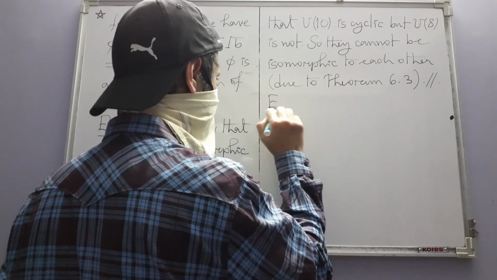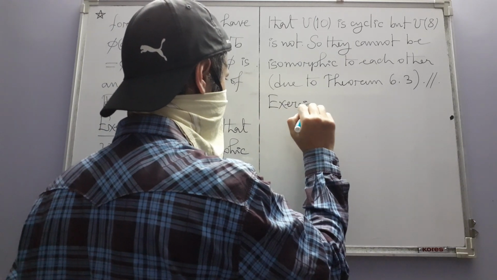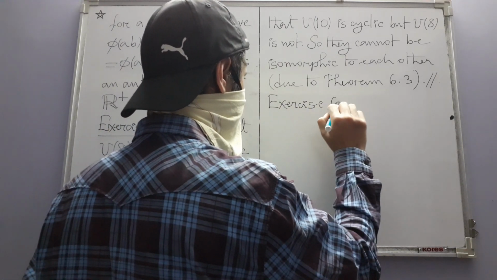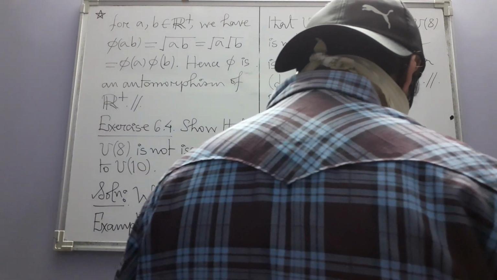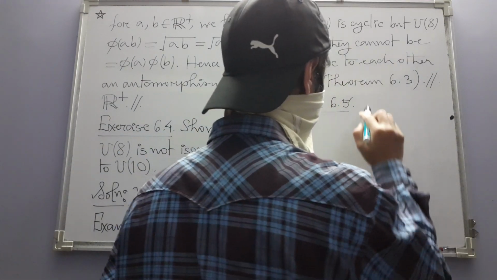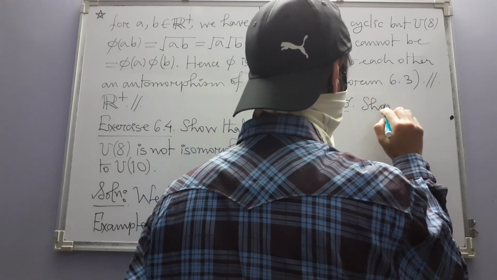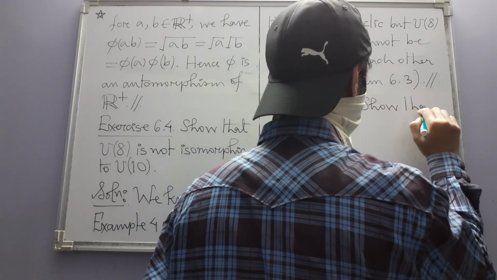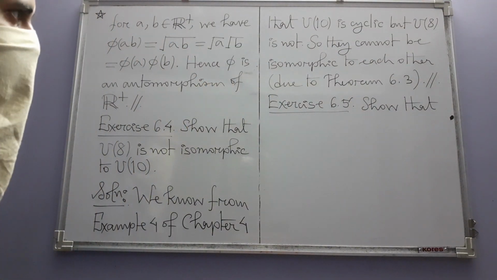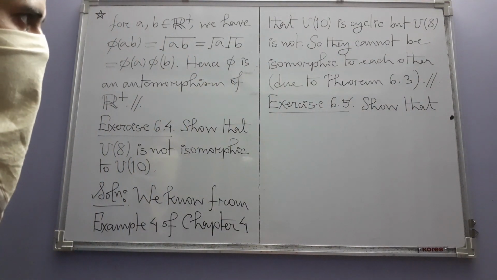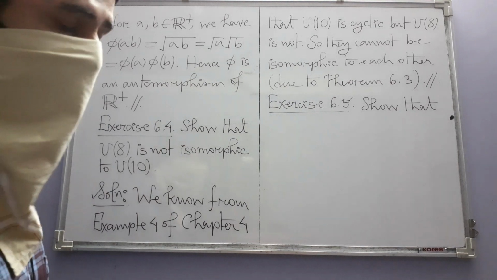Next, show that U8 is group theoretically distinct from U10, but it is group theoretically the same as U12.